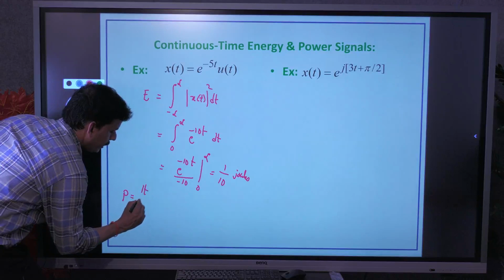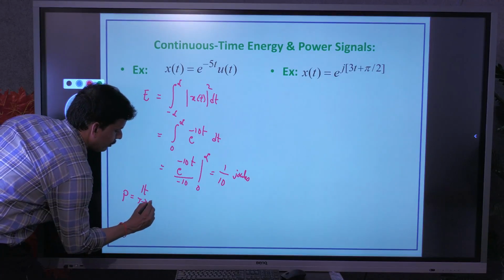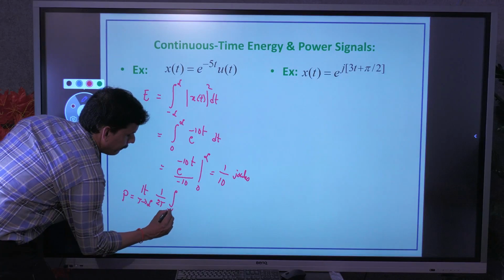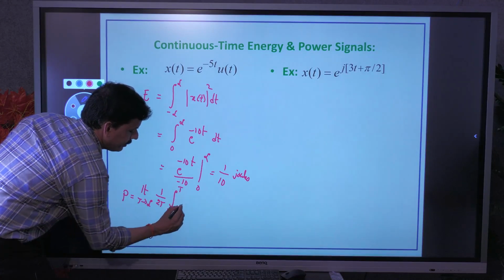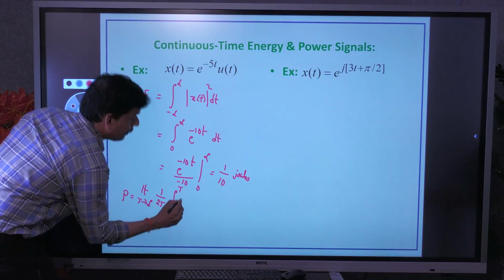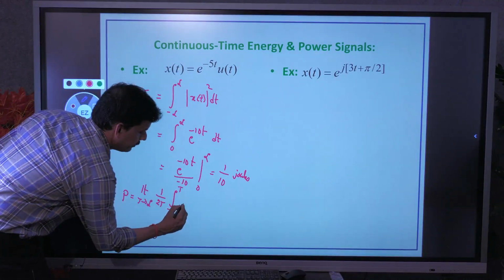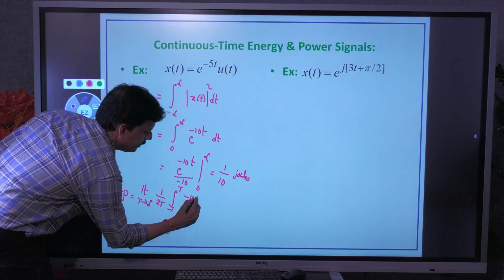What is the formula? Limit t tends to infinity 1 by 2t integral minus t to plus t, magnitude of e power minus 5t whole square, that is e power minus 10t u of t.